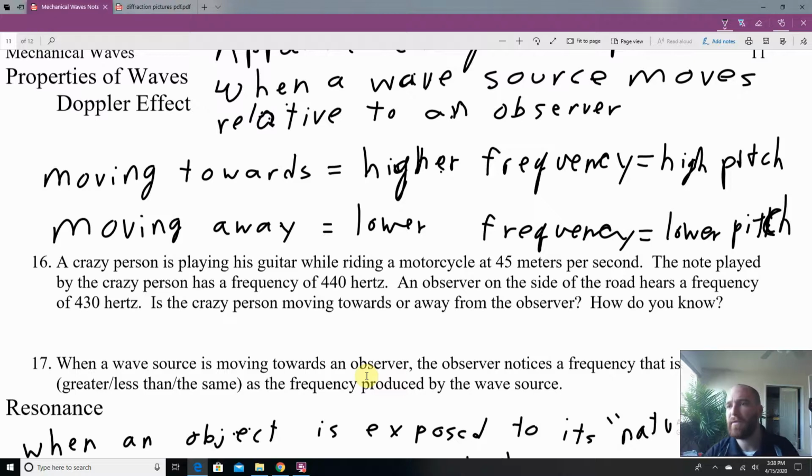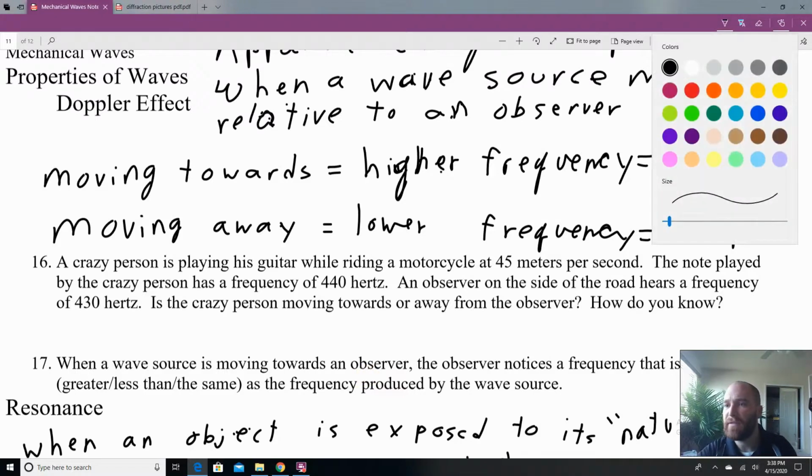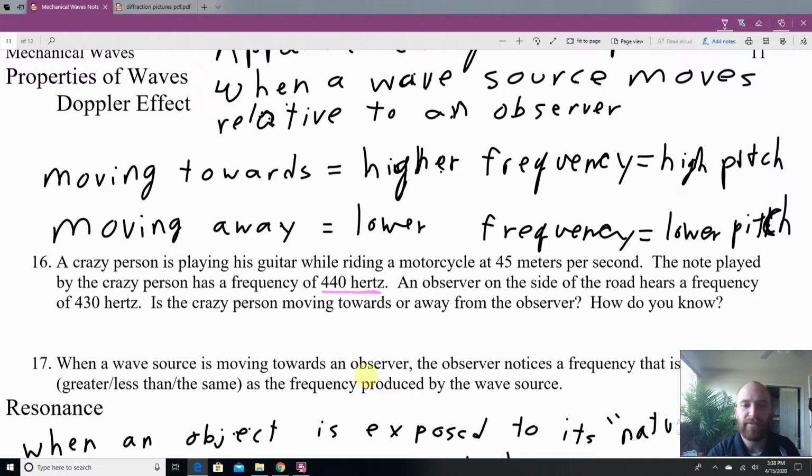Okay, well, let's look at our frequencies that I gave you here. I said that we've got a frequency being played of 440, but what you're hearing is 430. That's a little less. It's a slightly lower frequency or a lower pitch. So if you picture that lower pitch or the lower frequency is when the car was moving away from you, like after it passed and was going further away.